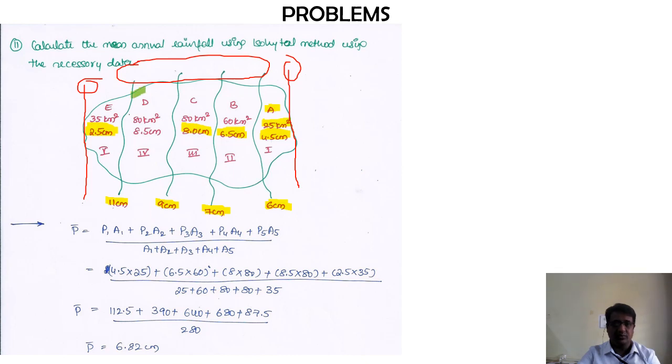this D section what we have over here. Imagine that on average they have given it as 8.5 centimeters. So why have they done it like that?